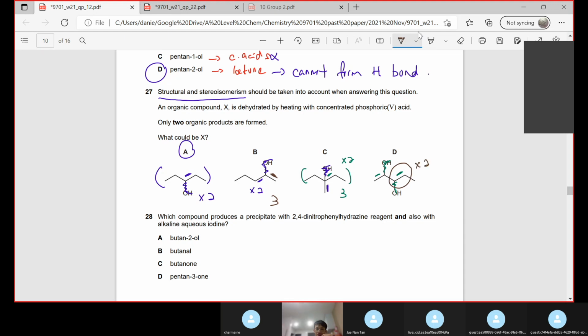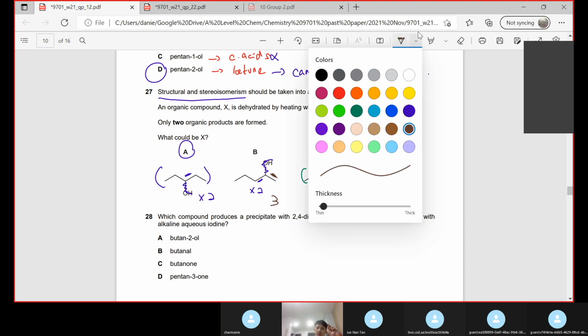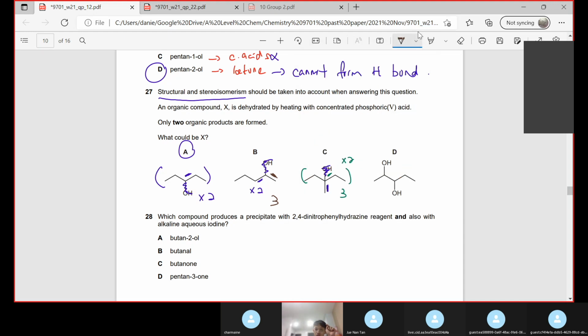Then another option: because there are 2 OH, if one double bond forms here, then it can be this OH removed, or sometimes this OH.